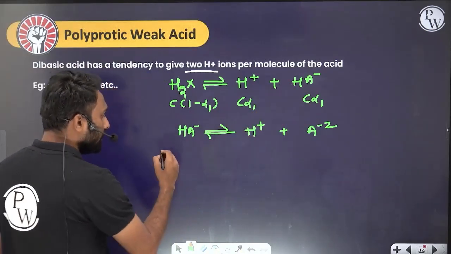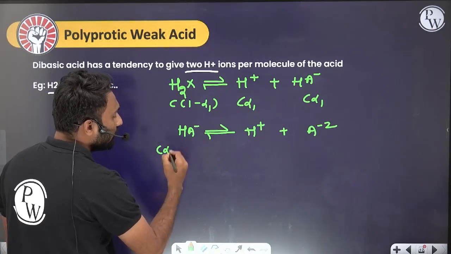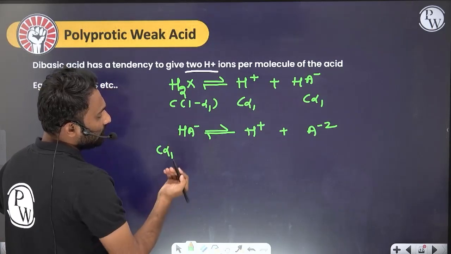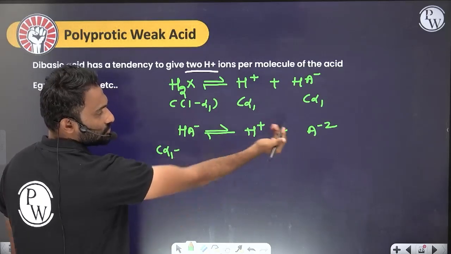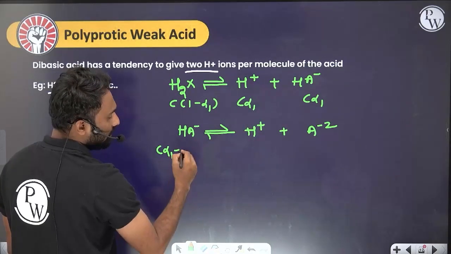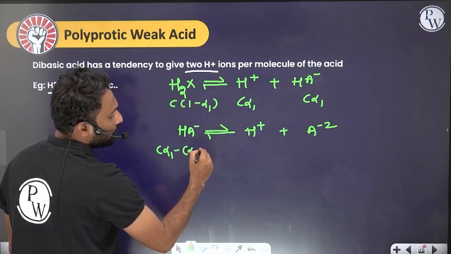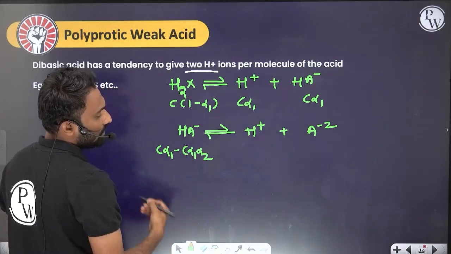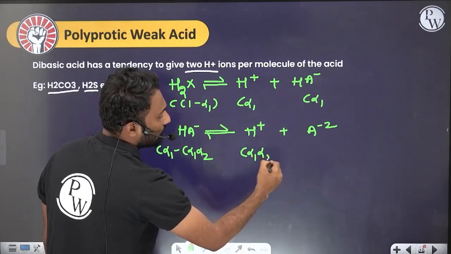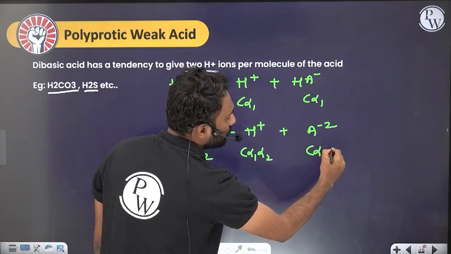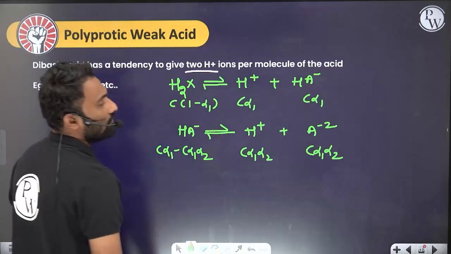From C alpha 1, the next dissociation happens, so C alpha 1 into alpha 2 dissociates.